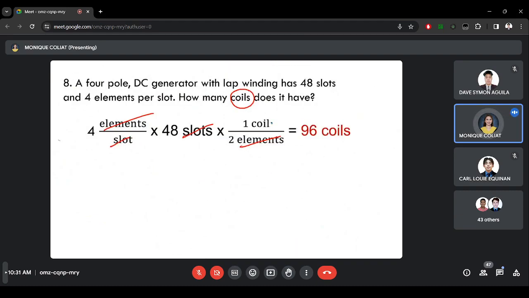Now that we have coils, makakuha na natin yung hinahanap. So we have 4 times 48 times 1 half, which is 96 coils. Naintindihan? So, again, yung mga conversion factors na naka-flash kanina is very important, so you have to familiarize with that.